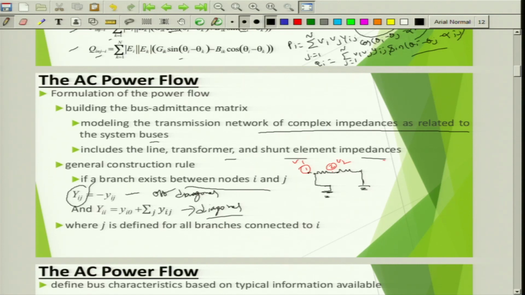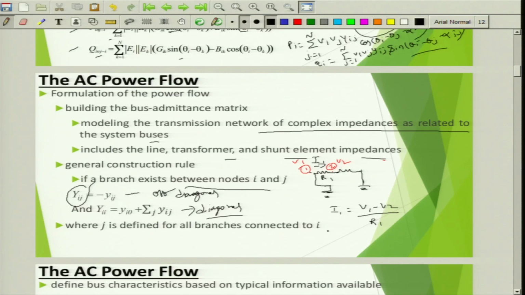You need to find the current flowing between V1 and V2. How do you find it? I will say this is I1, which is nothing but (V1 minus V2) by R1. Let us say this is R1.